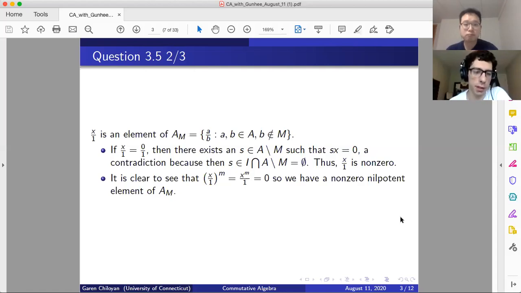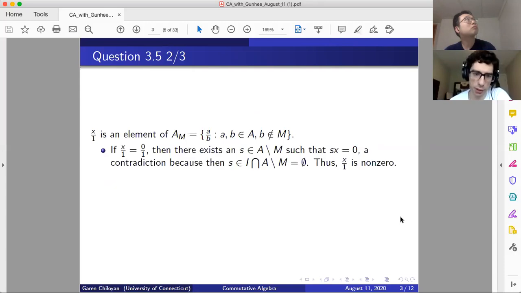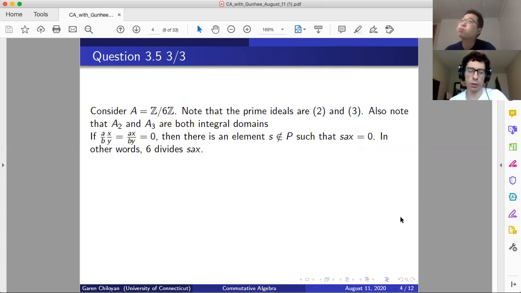Now the second question, let's go back. If each A localized at P is an integral domain, does that necessarily mean the ring we started with was an integral domain? The answer to that is no. Let me show you why. Consider A equal to Z mod 6Z.